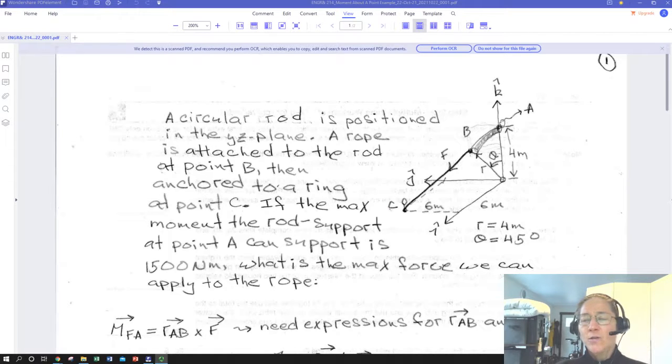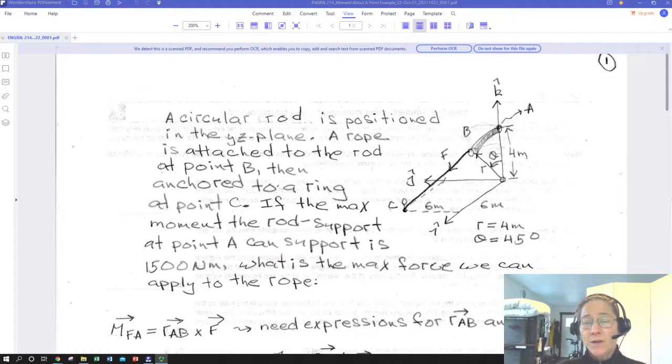And we're told that whatever is holding this rod in place over here on the wall, maybe it's embedded in a pillar or something like that, it can only support 1,500 Newton meters of torque, regardless of the direction. So the maximum magnitude of the moment about point A is 1,500 Newton meters, regardless of what's causing it. 1,500 Newton meters is the max.